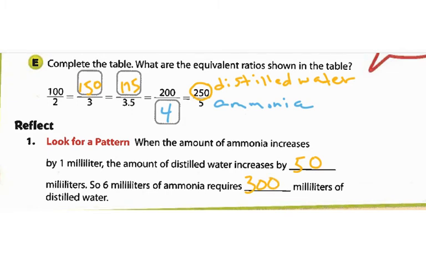Or we could take that 50 over 1 ratio, and we know that we're going to use 6 milliliters of ammonia. And how do we get from 1 to 6? We multiply by 6, and then that means I have to multiply 50 by 6, and 50 by 6 is 300. So there, we know that we're correct. So I just made an equivalent ratio to check my work.